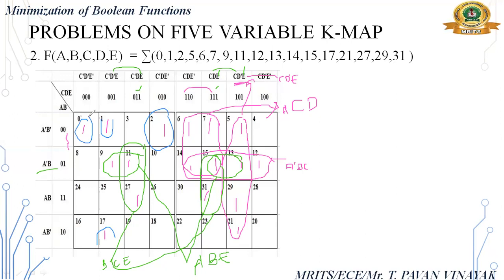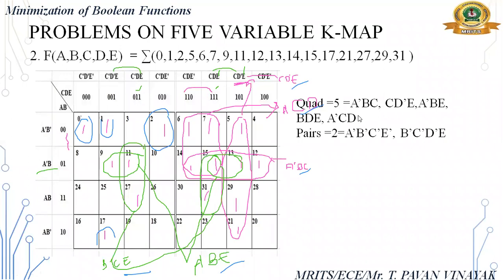Okay, write down the expression. How many quads do we get? 1, 2, 3, 4, 5 quads. Right? 5 quads. How many pairs? 2 pairs. So the final answer is, write down, 5 quads, 2 pairs.